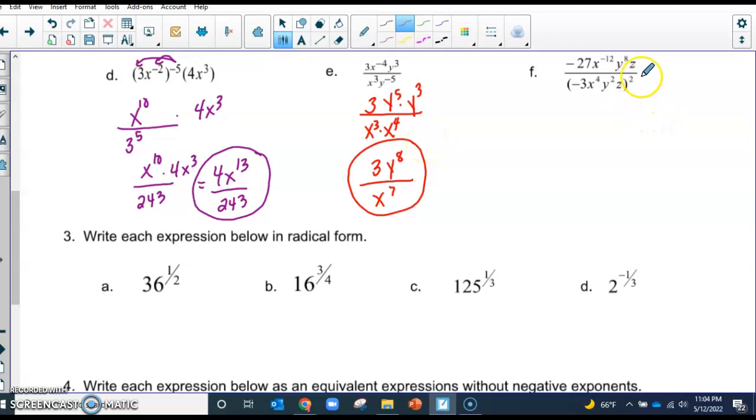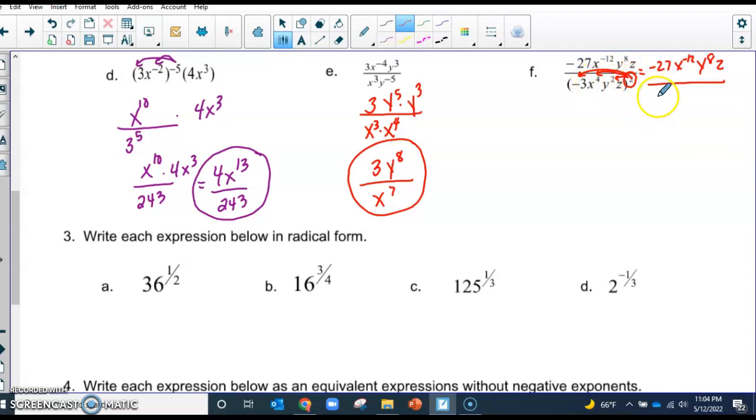Over here with f, I need to look at my denominator where I've got this 2 that needs to be distributed to everything as an exponent. Okay, so I'm going to recopy over my numerator on the top and then distribute this guy on the bottom underneath.